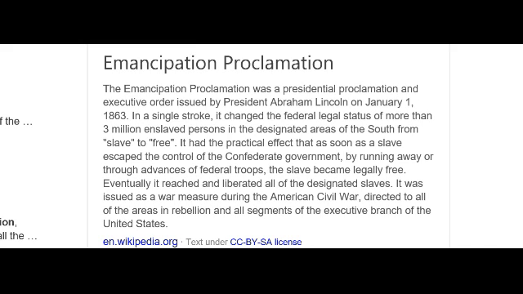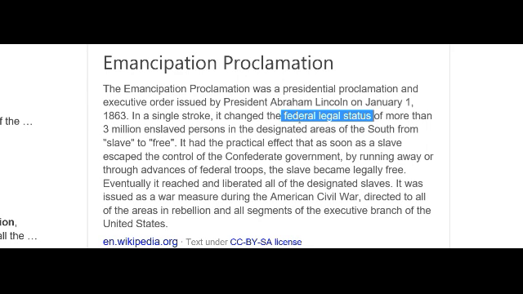The Emancipation Proclamation, done in 1863, it says, in a single stroke, it changed the federal legal status of more than 3 million enslaved persons.